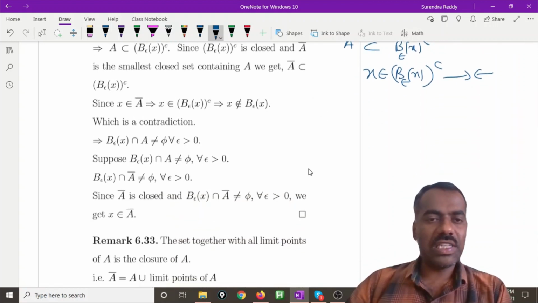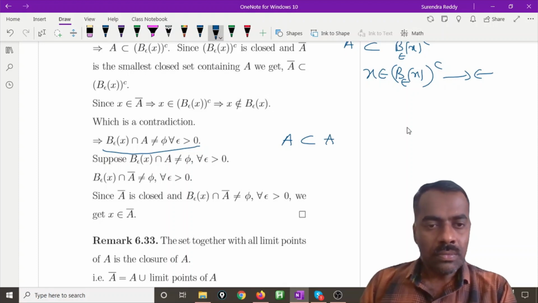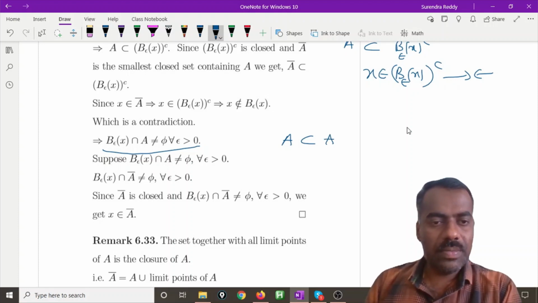Okay, conversely also you can prove it. Assume that Bx epsilon intersection A is non-empty for every epsilon greater than 0. If a ball intersects A itself, then Bx epsilon intersection A bar is also non-empty for all epsilon greater than 0.